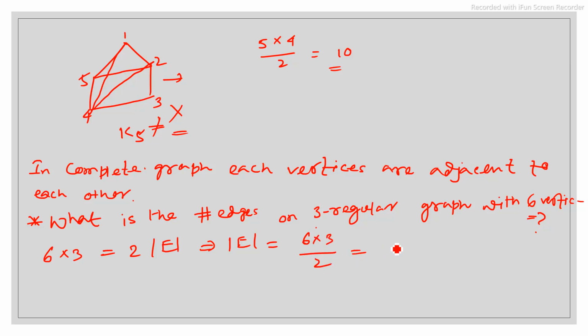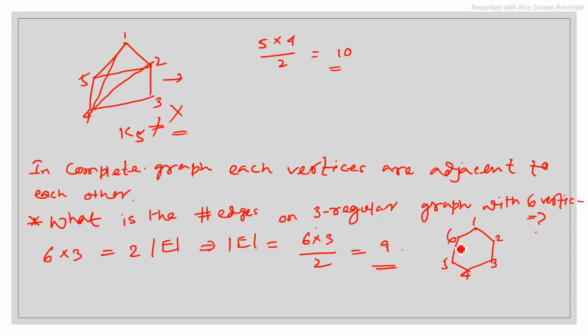That means 9. The total number of edges here is 9. So can you draw this graph? See, the total number of vertices is 6: 1, 2, 3, 4, 5 and 6. Now 9 edges.